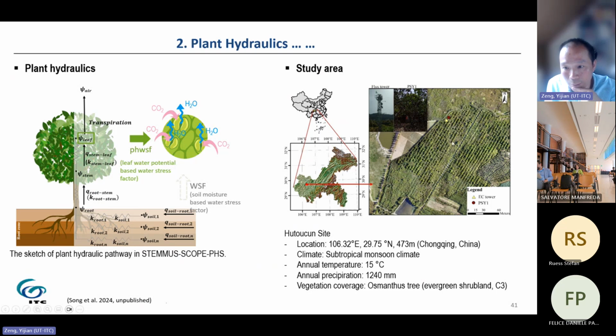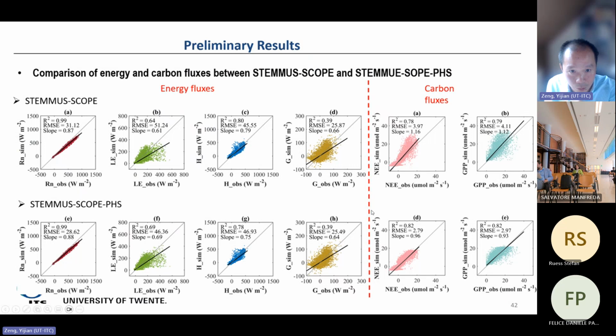So we used in situ sites in China to do the validation, just to check if the model works or not. And then it turns out working okay. Maybe it's not very obvious for net radiation, sensible heat, and the ground heat, but for the latent heat flux and carbon fluxes, it performs relatively well and also improved, because the first row is the STEMMUS-SCOPE model, the original version.